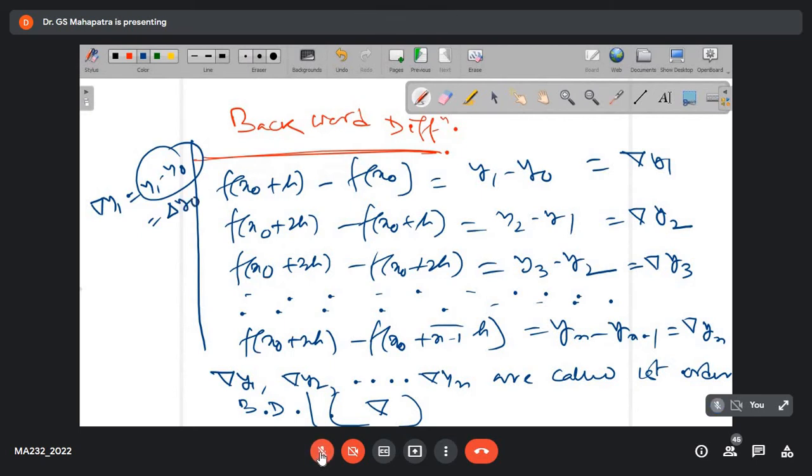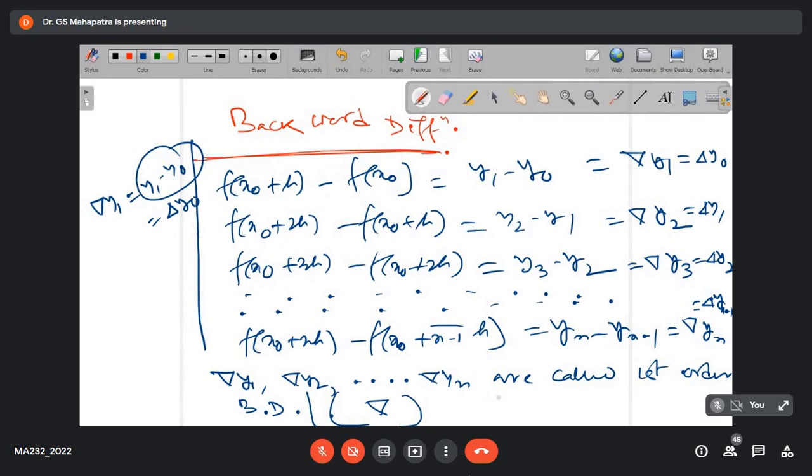So if we are here, you can easily identify that. Am I correct? What is the final one? Nabla of yn, which is del of y(n minus 1). Fine, so this is the relation between backward differences and forward differences.